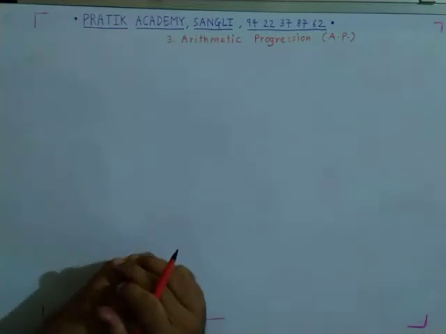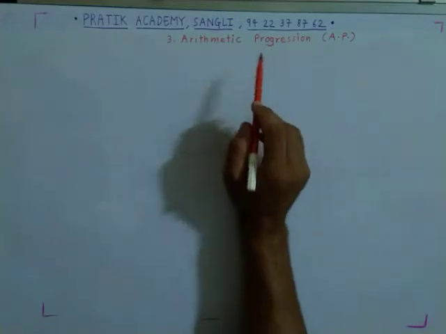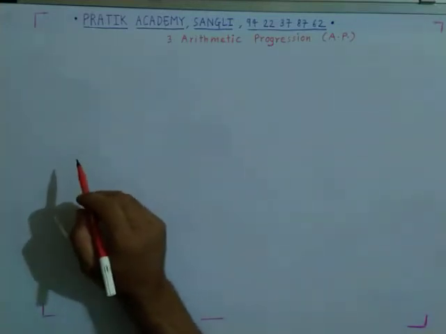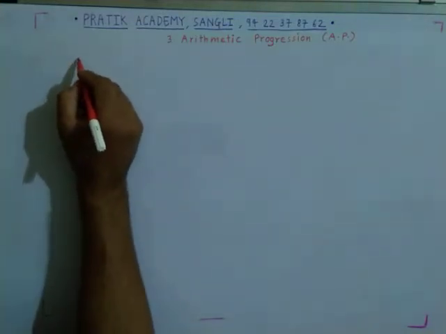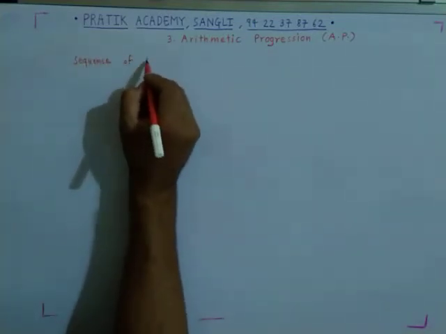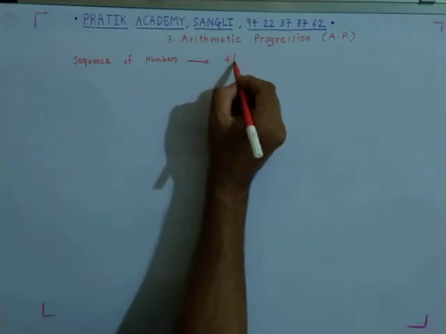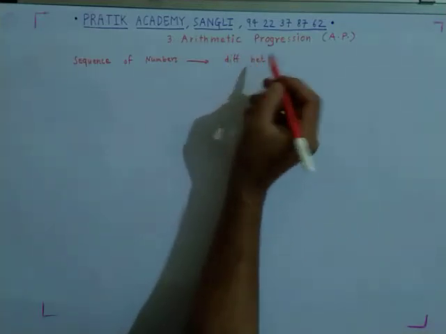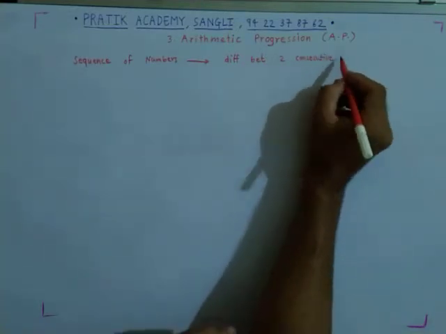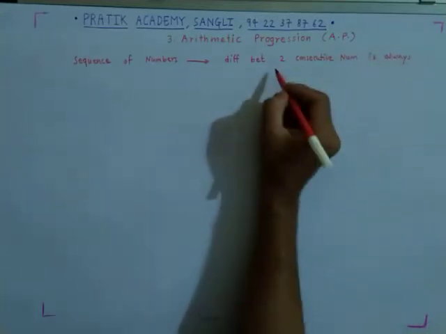In this video, we will discuss our next chapter, that is arithmetic progression. We can also call it AP. So what is AP? AP is nothing but a sequence of numbers in which the difference between two consecutive numbers is always constant.